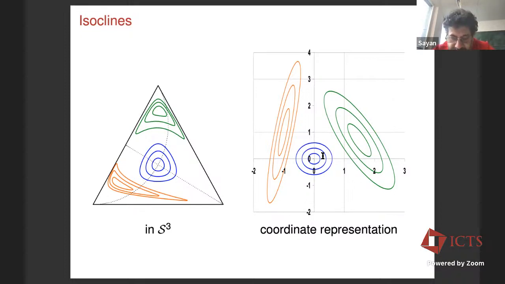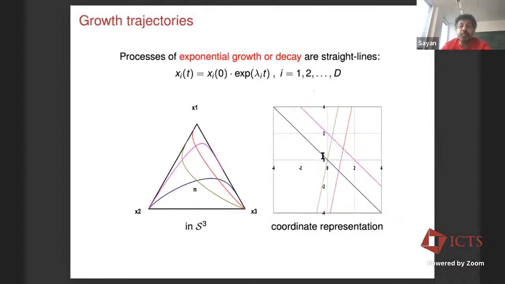And again, this is an example of that. What else is interesting is if you look at what's going on in the simplex, let's say one species is growing, the other one is decaying, and these are exponential. Once you transform them, they're straight lines. So linear models work really well.